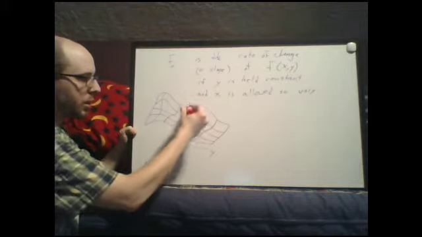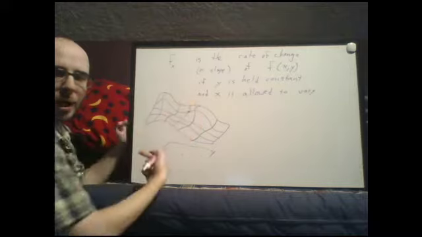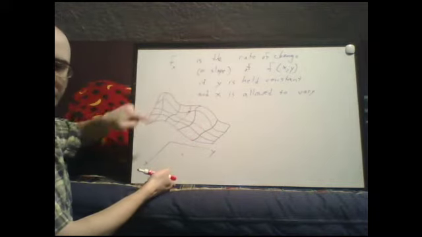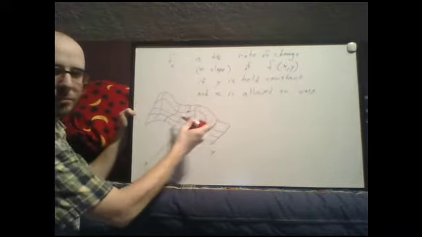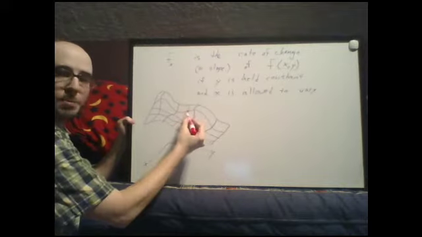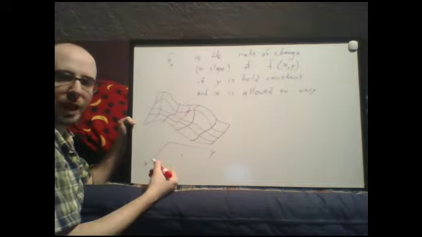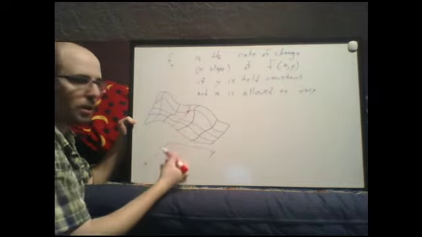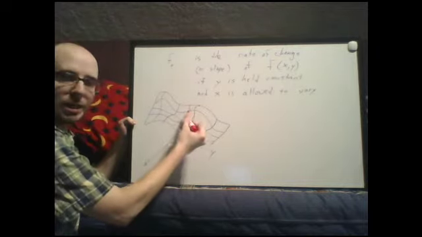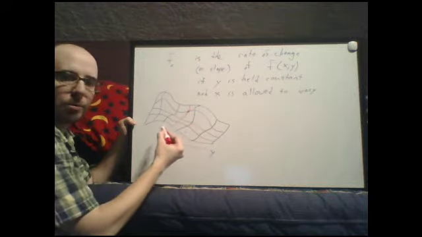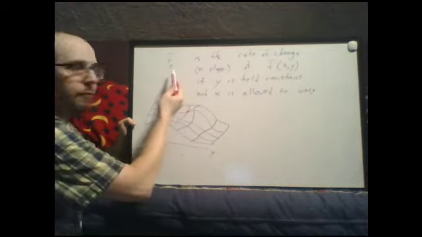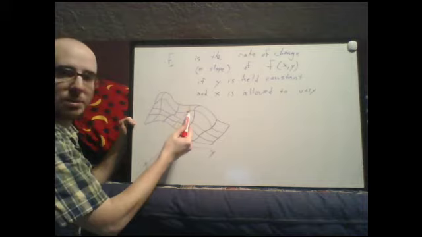This red stuff here is coming out of the board at us, but its height is changing as it comes out of the board. At this point, I can think about what's the slope of that curve at that point. So how fast is my height changing as I move out of the board? That's what f sub x is at this specific point.